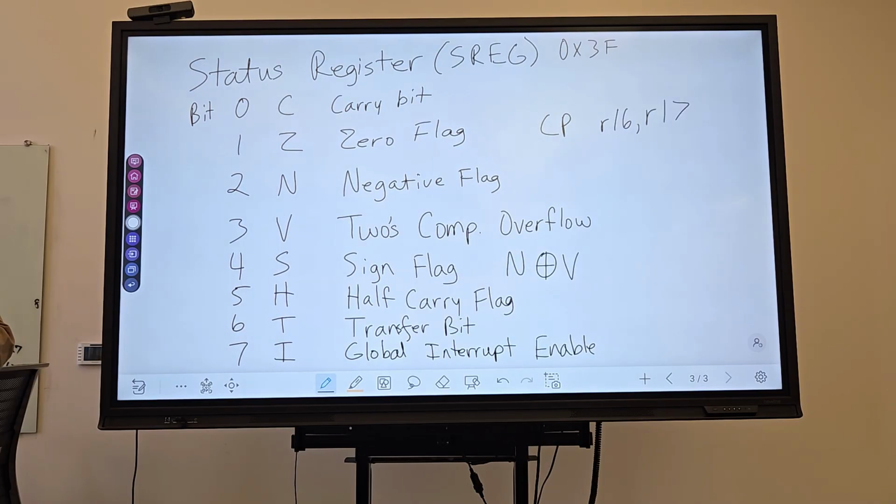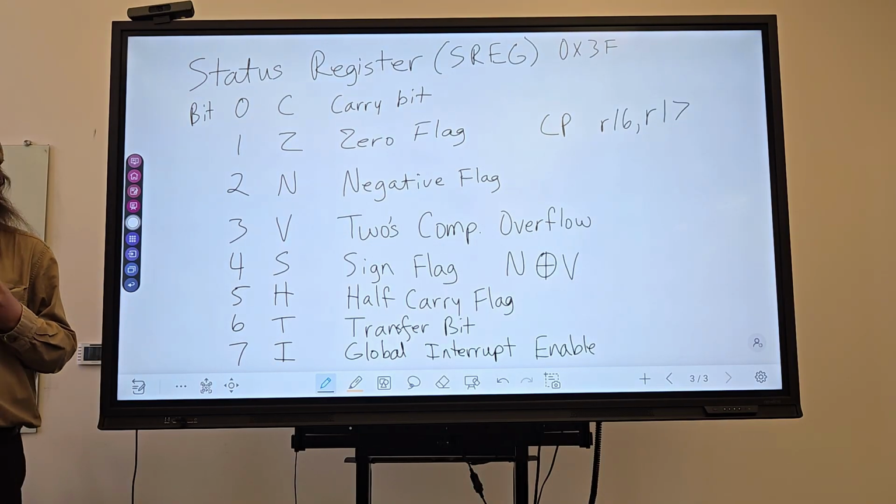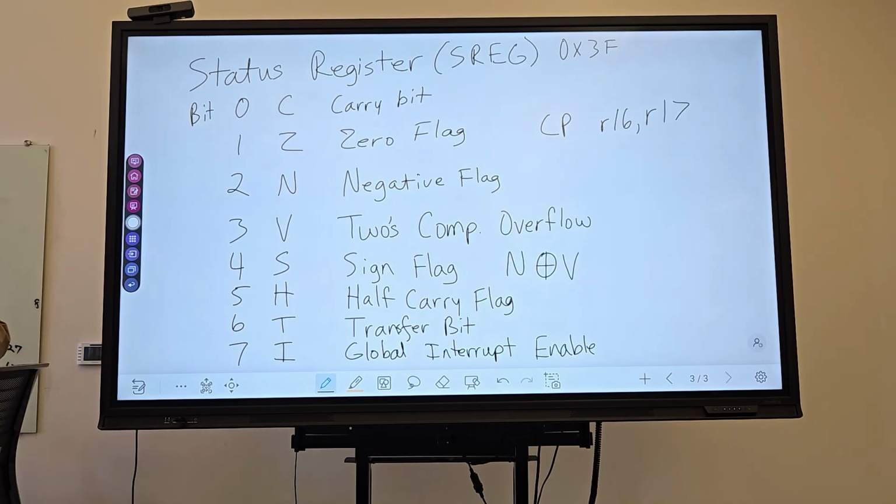The individual interrupt has to be enabled, so that has to be high. And then finally, the condition that the interrupt is looking for has to be high. So it's those 3 conditions to trigger an interrupt.